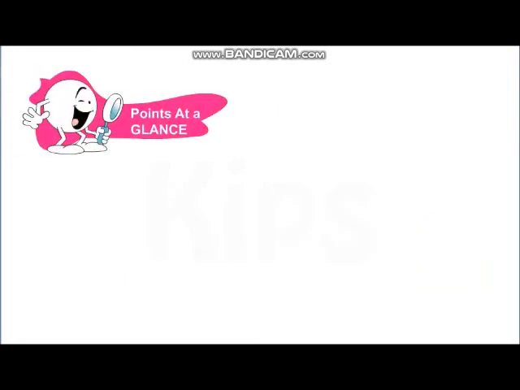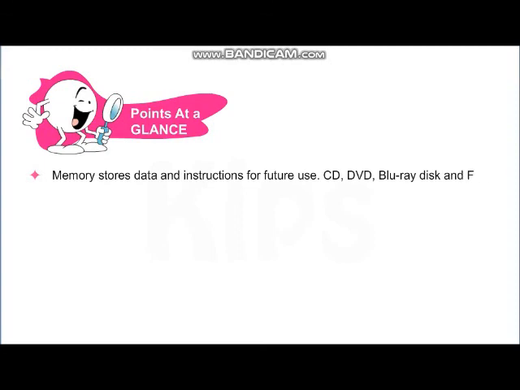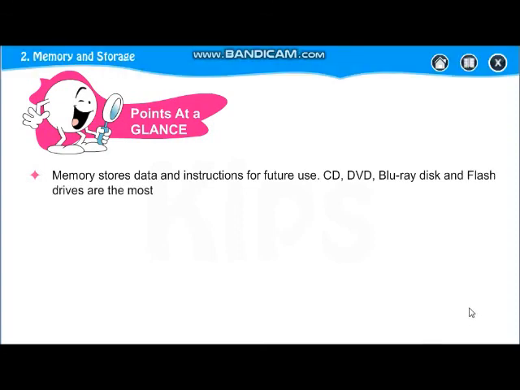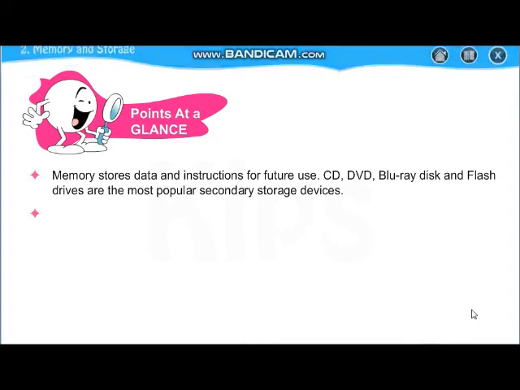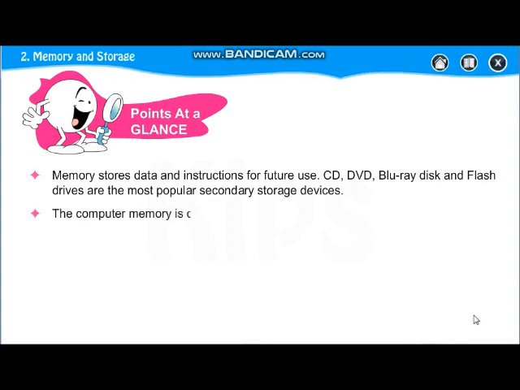Let us quickly glance through the key points discussed in this chapter. Memory stores data and instructions for future use. CD, DVD, Blu-ray Disk, and flash drives are the most popular secondary storage devices. The computer memory is of two types, primary and secondary memory.